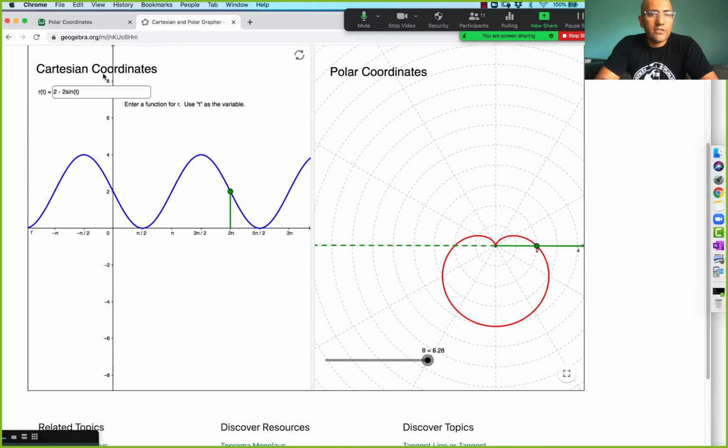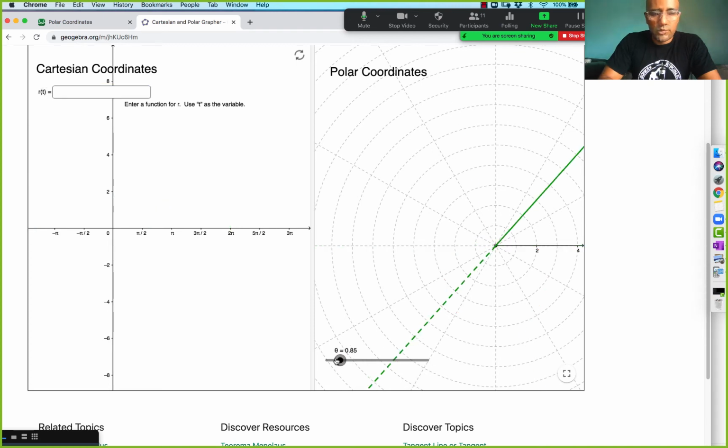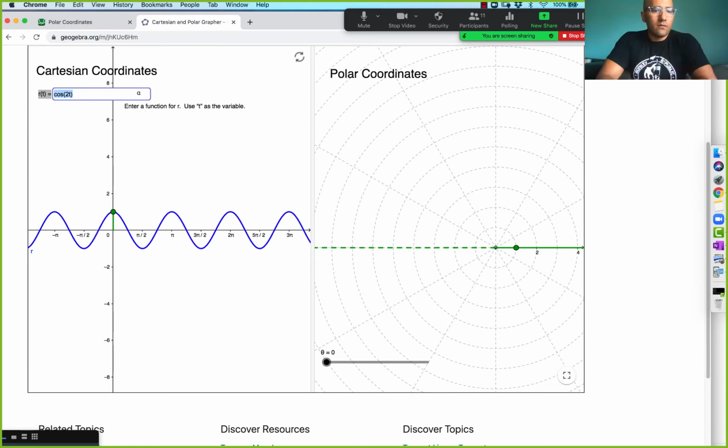Let's try that GeoGebra one. This thing did a really good job. And let's bring this down over here. And was it just cosine 2 theta? Okay, so here is that cosine function. Notice that 2 periods of cosine fit between 0 and 2 pi.